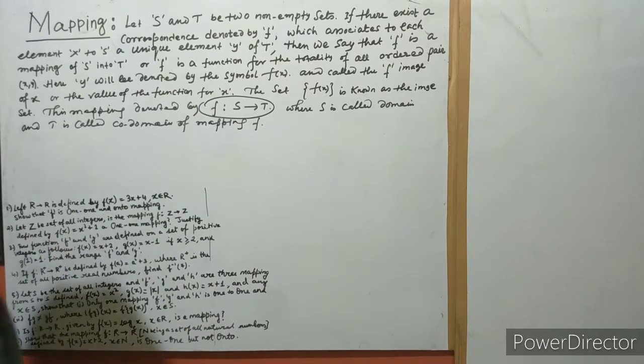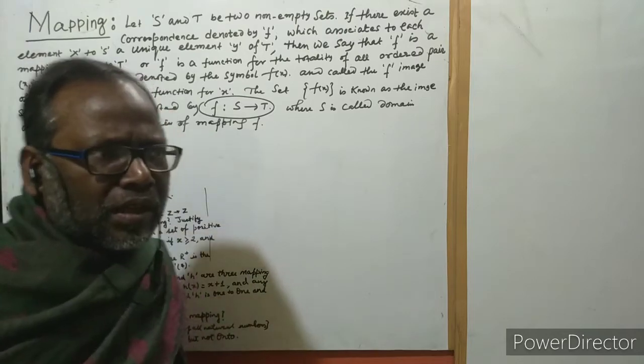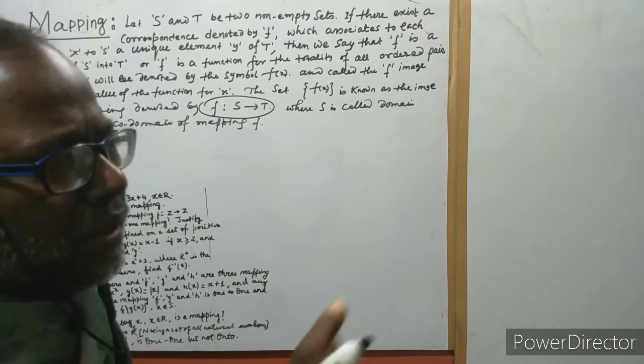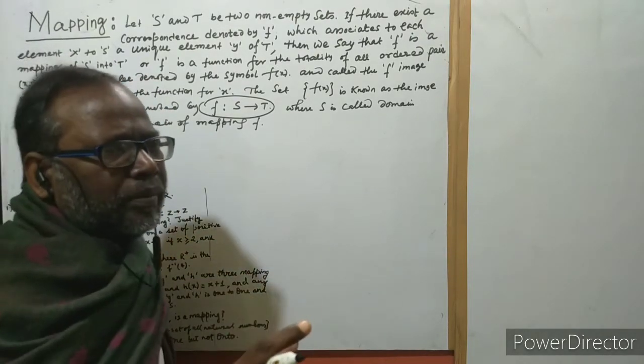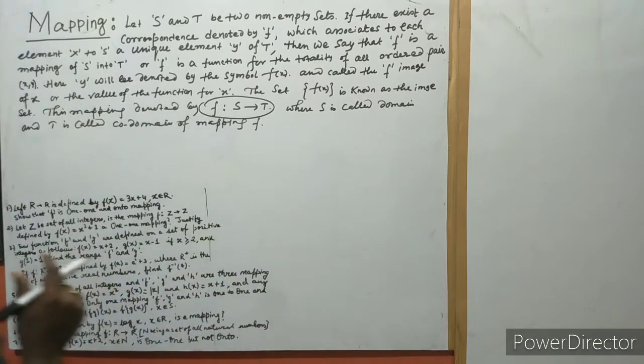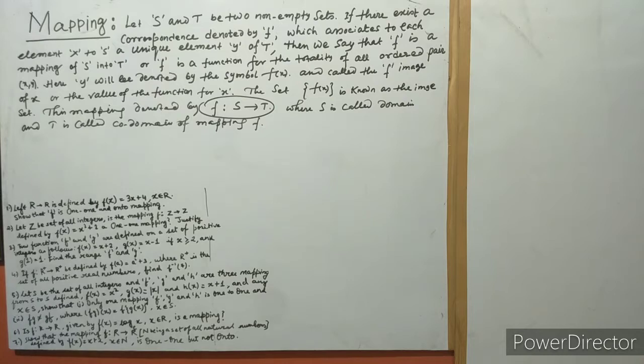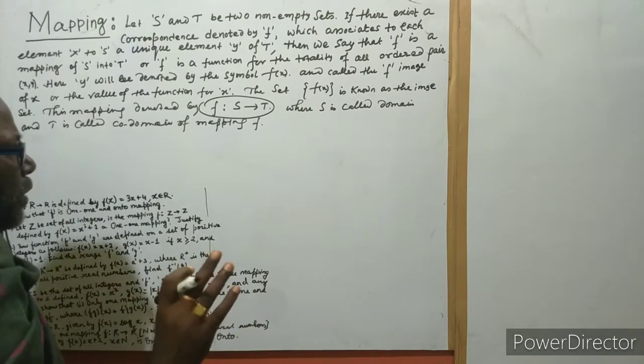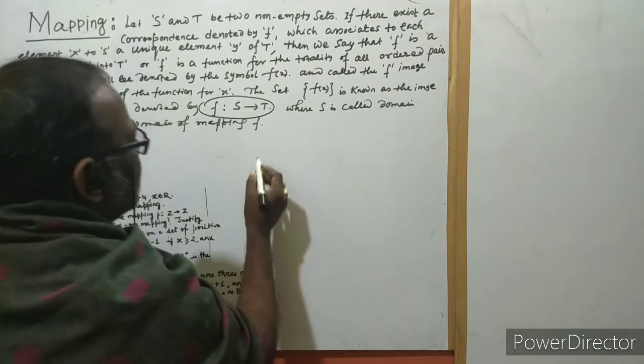There are different types of mapping: one-to-one mapping, many-to-one mapping, into mapping, and onto mapping. What is one-to-one? What is many-to-one? For example, I want to give you an explanation.